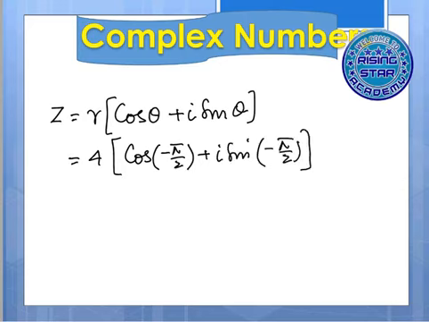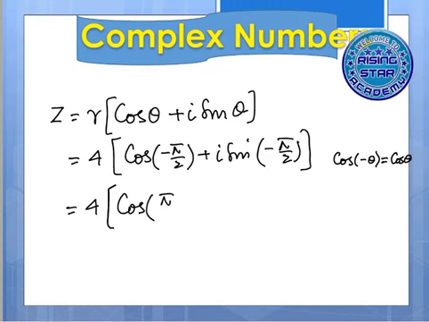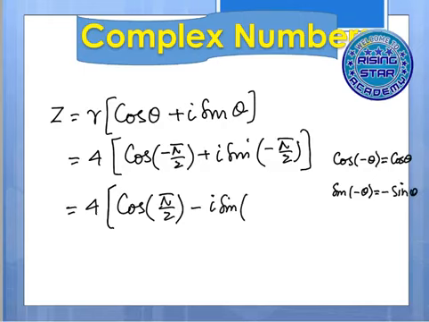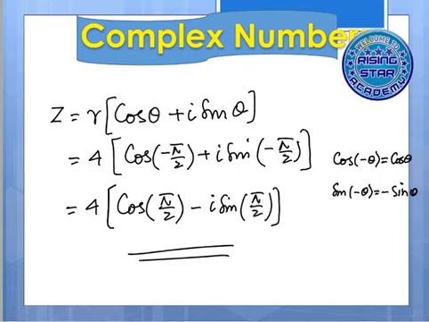We know that cos of negative theta is positive cos theta. So due to this rule, we can write cos of pi by 2, and sine of negative theta can be written as negative sine theta. So that would become negative iota sine of pi by 2. So this is my final answer.